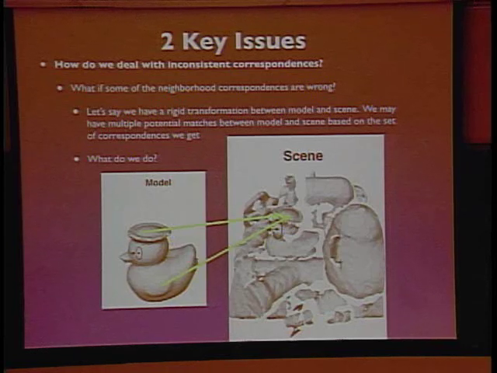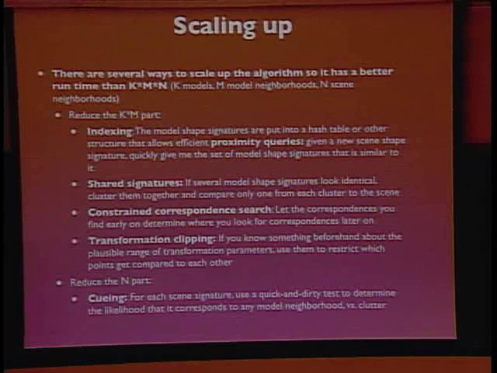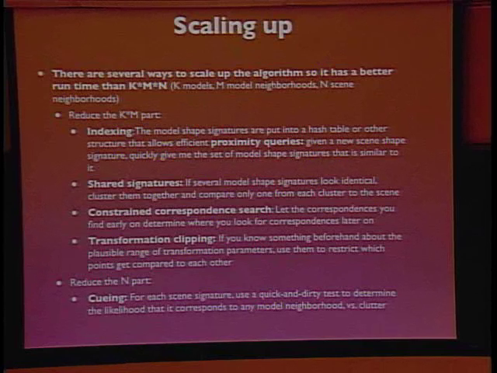So how to deal with these inconsistencies amongst correspondences? Well, here's a couple of recipe slides. There are several ways, and they're basically a bag of tricks that we employ to scale up this algorithm so that it has better runtime than this polynomial thing, a k times m times n.